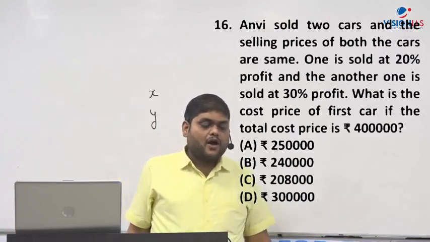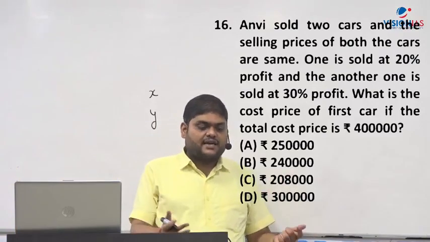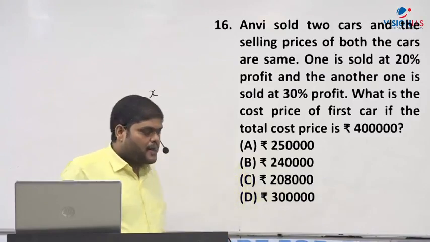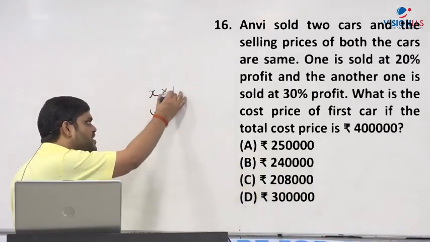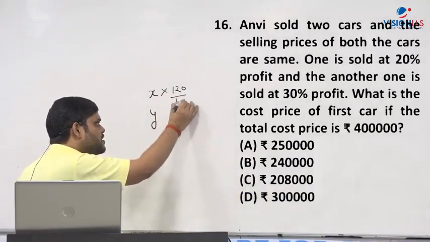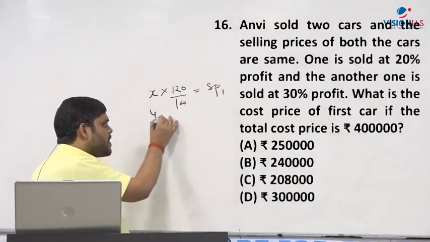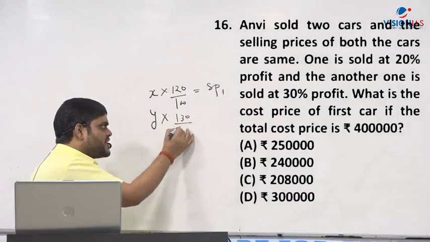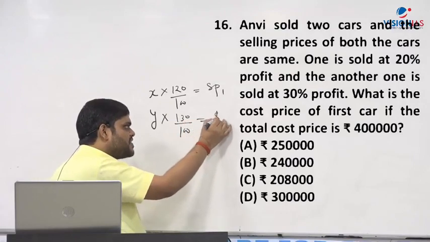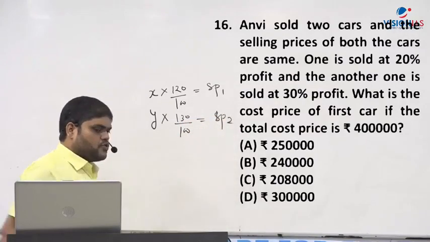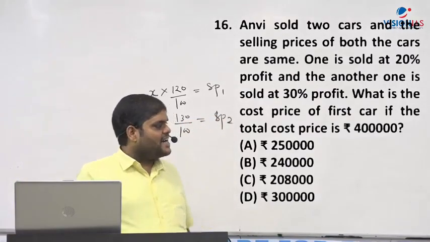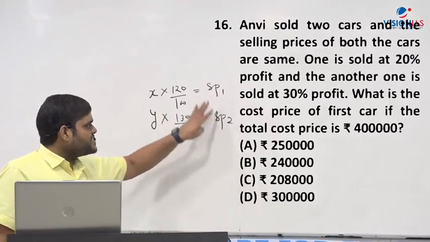For understanding, let's assume one car is X, another car is Y. One car is sold at 20% profit. This becomes SP1, and the other car is sold at 30% profit, and this becomes SP2. It is given that both selling prices are equal.